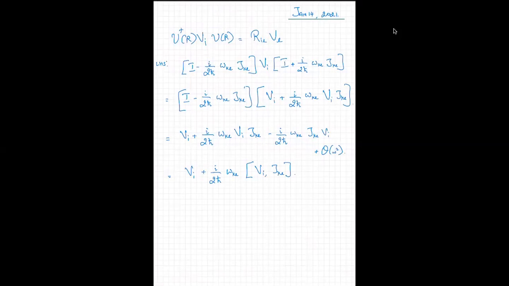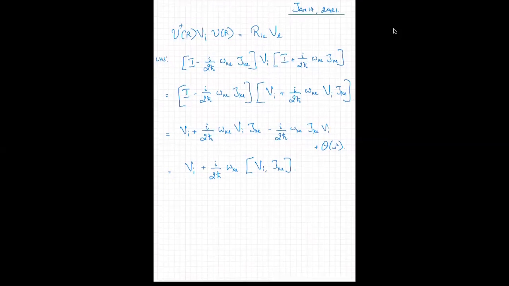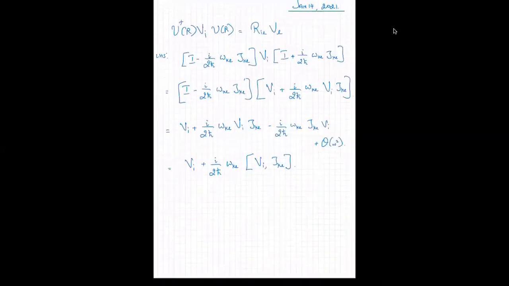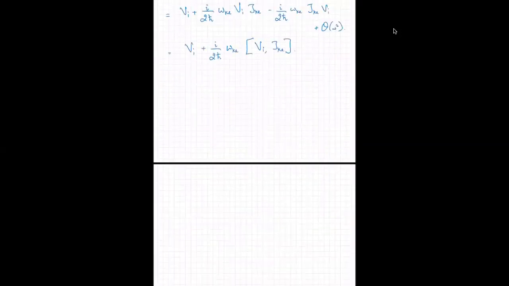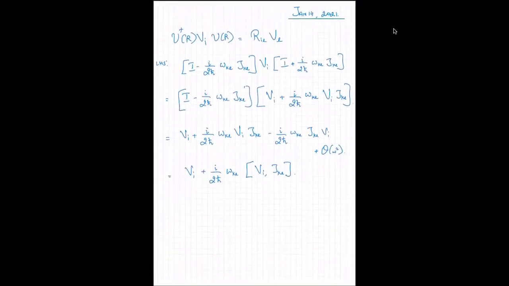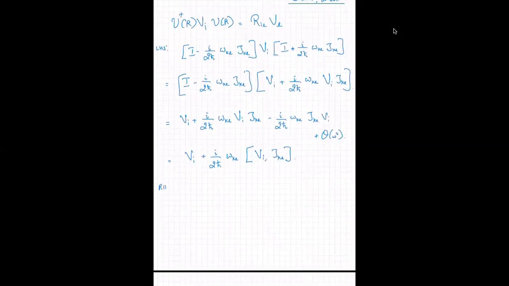So ultimately the left hand side, for infinitesimal rotations, has boiled down to the commutator of the operator V_i in question with the rotation generator J_kl. Okay. Now what is the right hand side? The right hand side is R_il V_l, which for infinitesimal rotations is equal to delta_il plus omega_il times V_l.